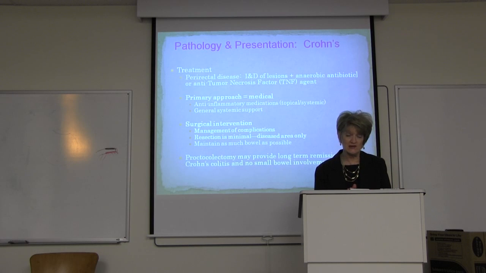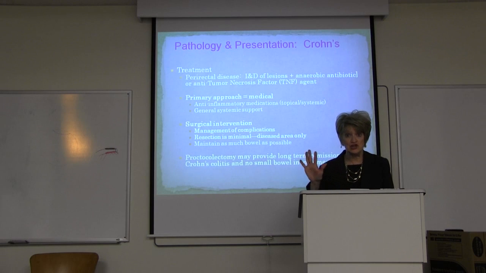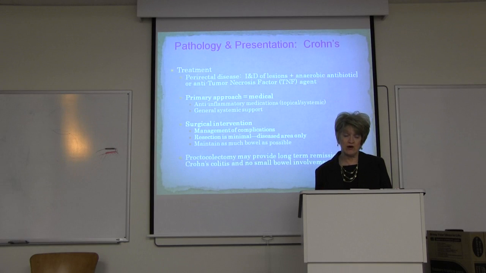But here's the thing we always have to think about. Remember that a lot of these patients are young. Remember that Crohn's can come back in any area of the GI tract. We've got to think long term. So if every time you have a flare-up, I take out a section of bowel, I'm rapidly pushing you toward short bowel syndrome, toward a state where you'll be unable to meet your own nutritional needs with oral intake.